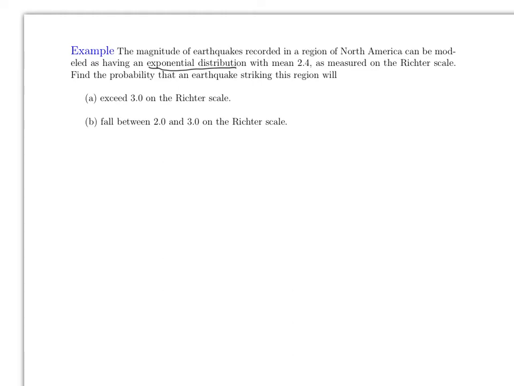Since this is exponential and the mean is 2.4, that means that beta is 2.4. So that implies that the density function is equal to 1 over 2.4 e to the minus y over 2.4 dy.